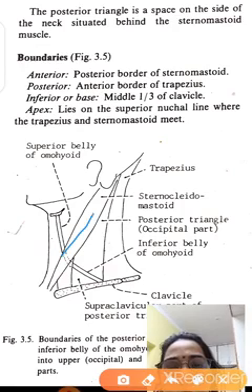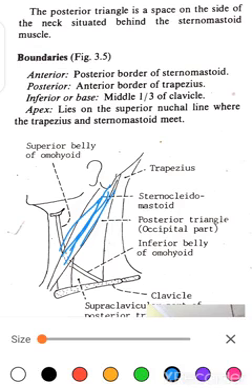This is your trapezius, this is your sternocleidomastoid. Now a muscle from the belly of omohyoid. This is your omohyoid, you can say the superior belly of omohyoid and the inferior belly of the omohyoid.